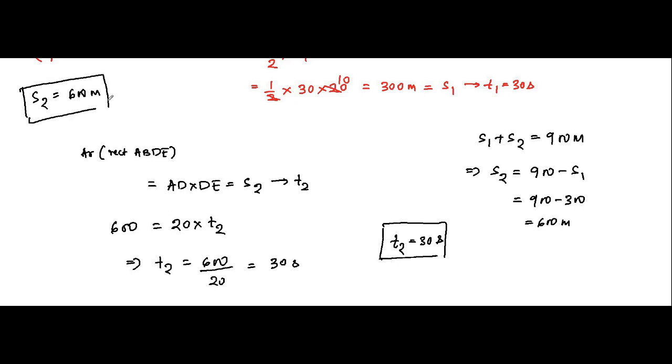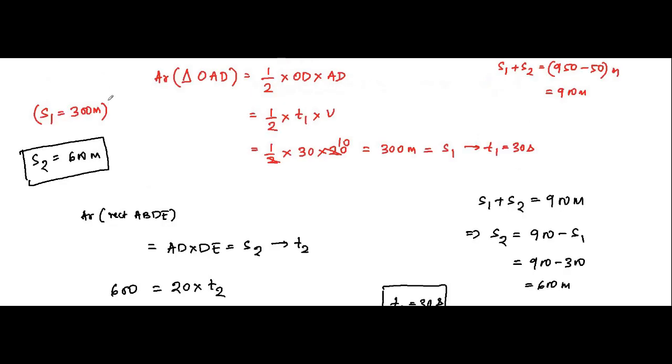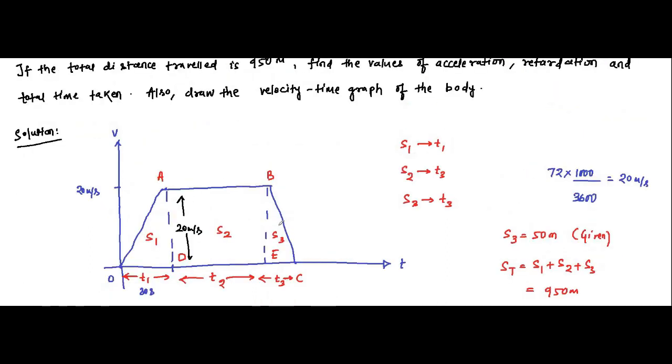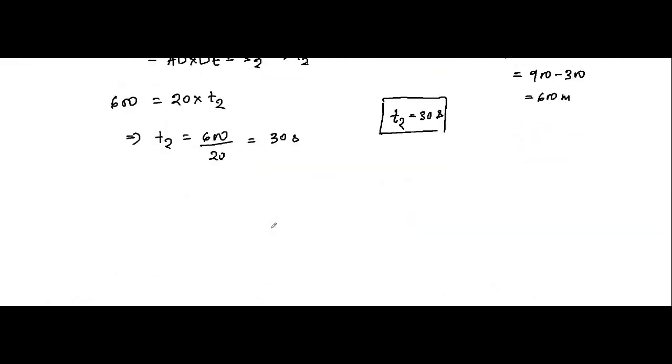S2 we have got 600 meters. S1 we have got 300 meters. Then now focus on this triangle BEC, the S3 portion.